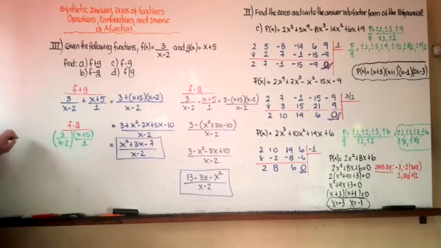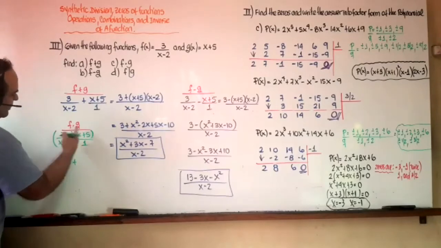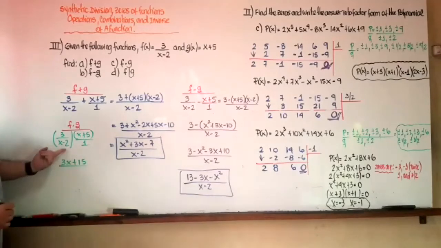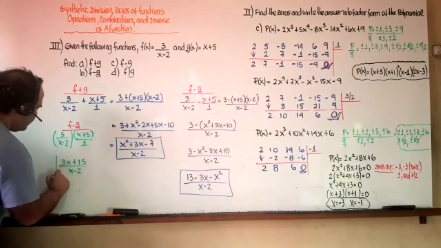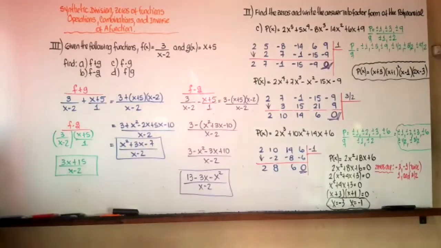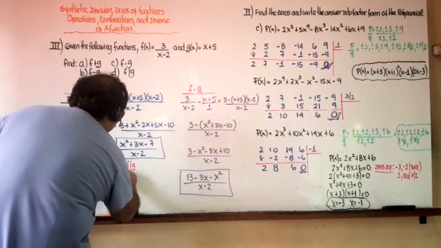I mean, 3 times x will be 3x plus 3 times 5 will be 15, over x minus 2 times 1, which will be x minus 2. And that's it. Well, the pending work will be f over g.